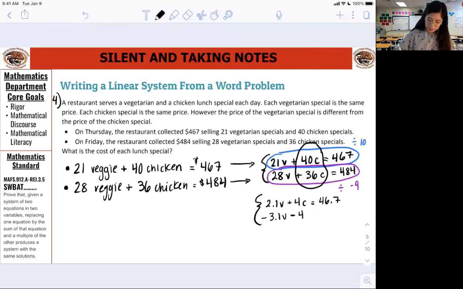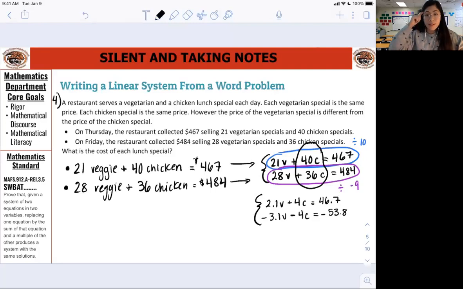Negative 4C. And then negative 53.7. Good. Okay. Actually, let's round that. If I round that up, it's 0.8. So I'm going to use 0.8. Good. Now we have opposites.